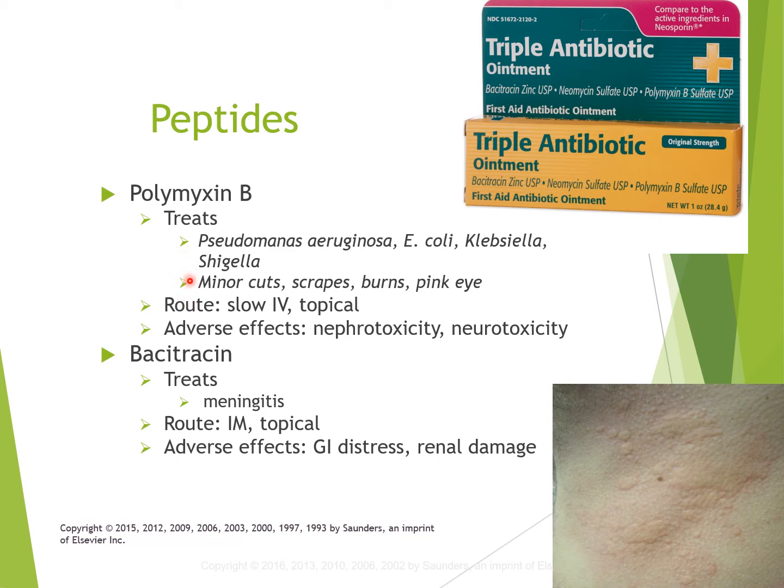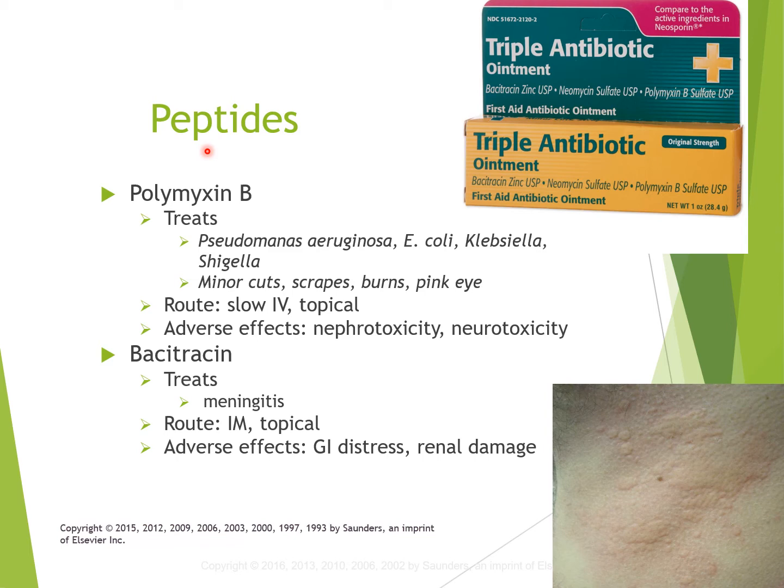A lot of times we just apply it to prevent. In fact, nowadays they're actually recommending that for any kind of incision or wound, clean it real good with soap and water and leave it alone. When it's infected, then you apply this. So they're actually getting away from the idea of using the peptides prophylactically.